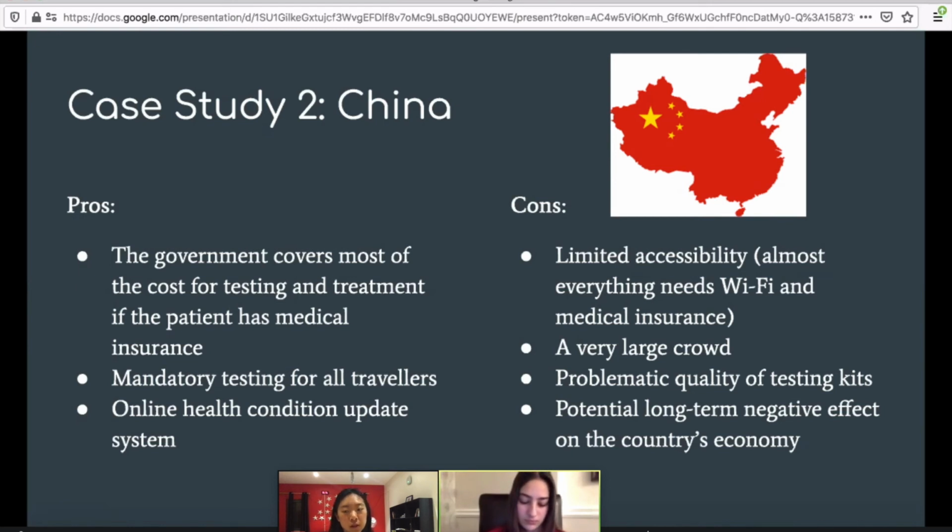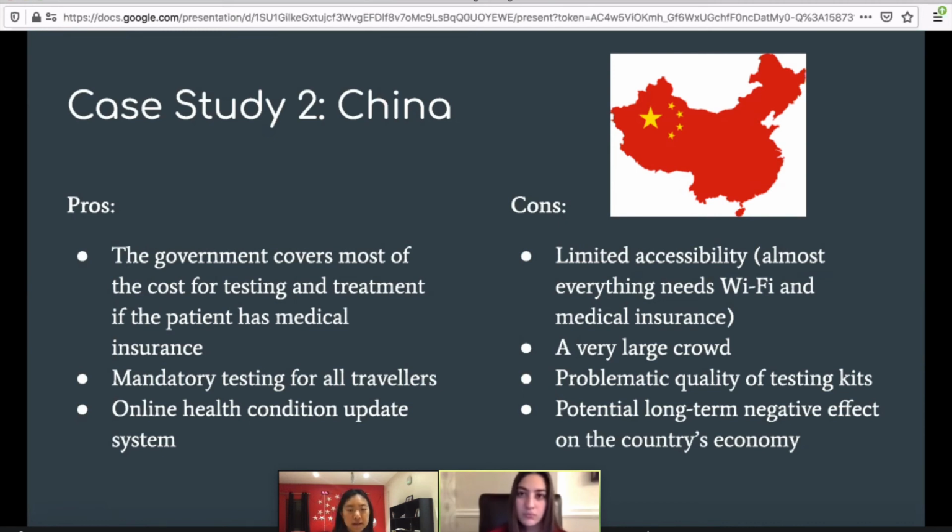They're also performing mandatory testing for all travelers to prevent people from bringing the virus in from other countries. And they created an online health condition update system for citizens to update their own health conditions. Even if they have health problems unrelated to coronavirus, they can update through this portal so they can get help from the government.